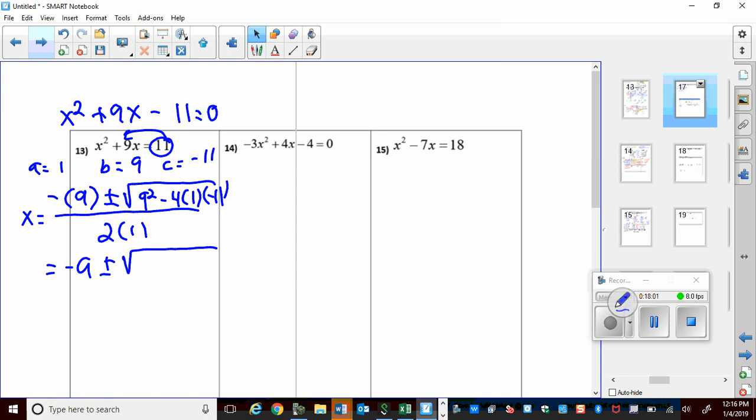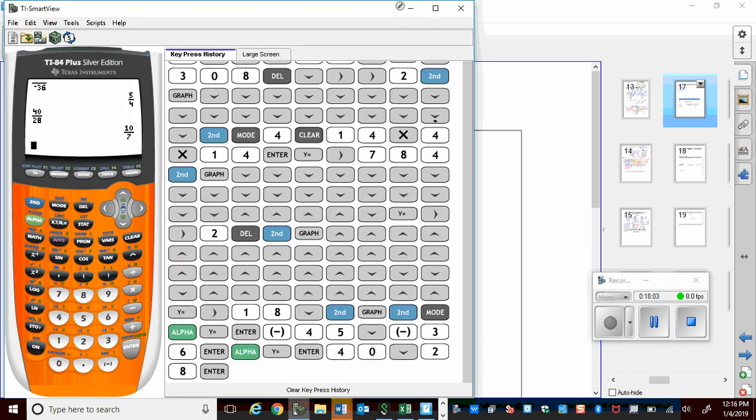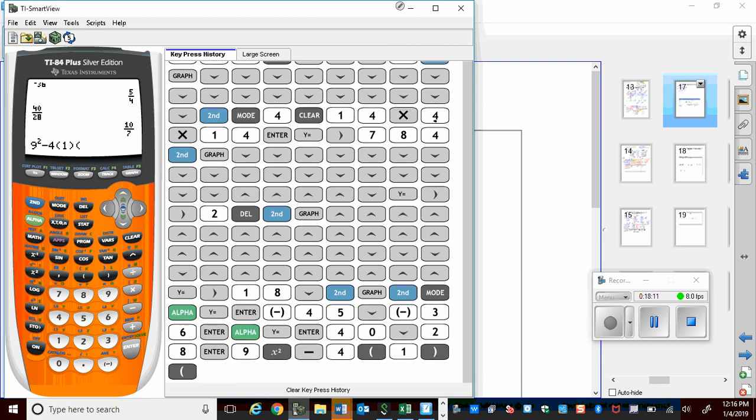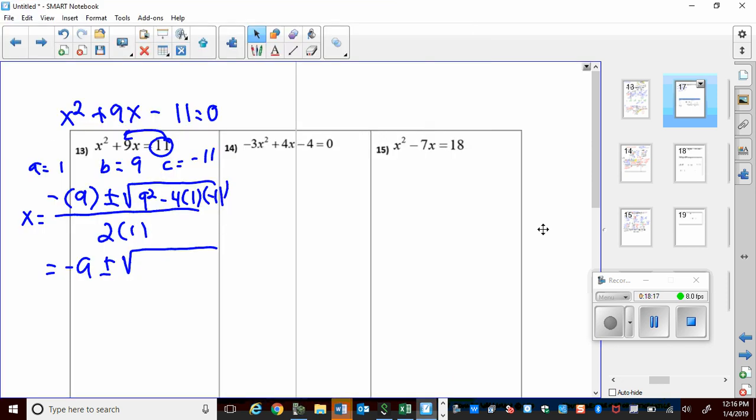44. So I'm just going to use that. I'm just going to put it in my calculator here. 9 squared minus 4 times 1 times negative 11. Make sure I'm adding that. Yeah. So inside I have 125, and yes, you do need to simplify this radical.